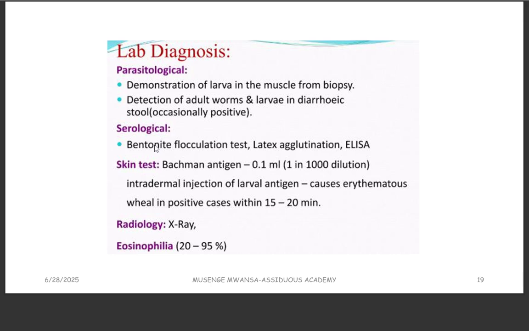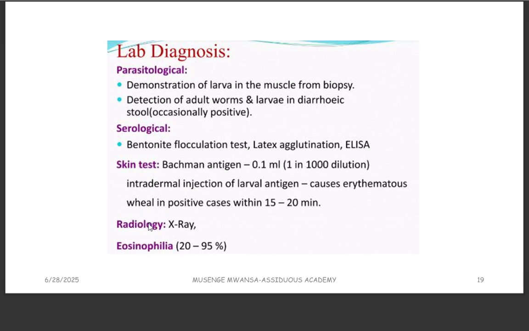In other words, for serology, you can basically detect the antigen to the worm. And then skin test like the Bachman antigen, intradermal injection of larva antigen. If you inject the larva antigen, because you have the larva, the body is producing antibodies against it, so you're going to be able to see erythema. The area where you've injected antigen will be red.